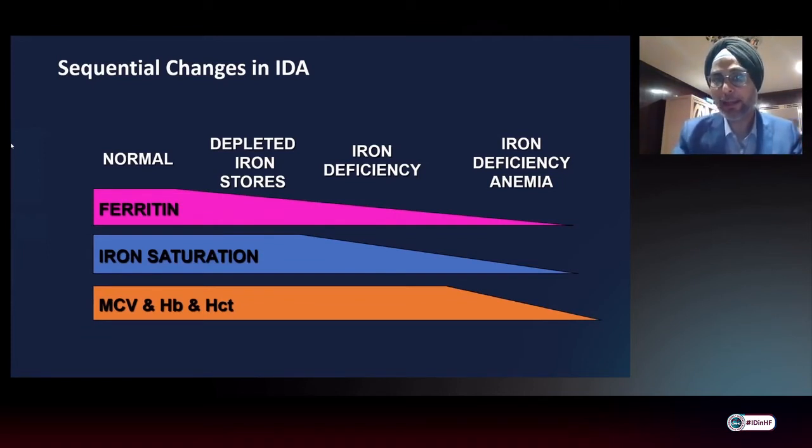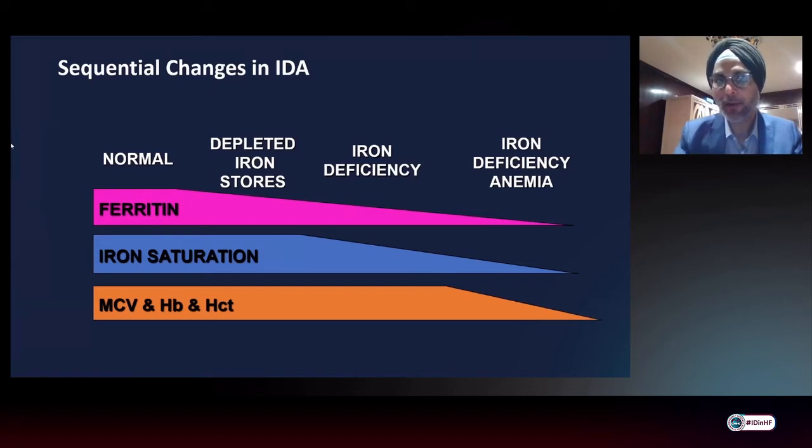if we go by traditional indices of anemia such as hemoglobin and hematocrit and MCV, you can appreciate on the lower side that they do not get affected until full-blown iron deficiency anemia kicks in. However, early in the state, in the inflammatory state, when there's depletion of iron stores, there's a reduction in ferritin.